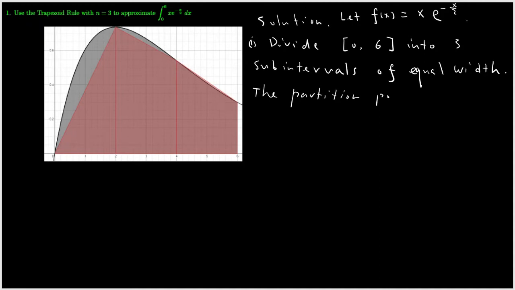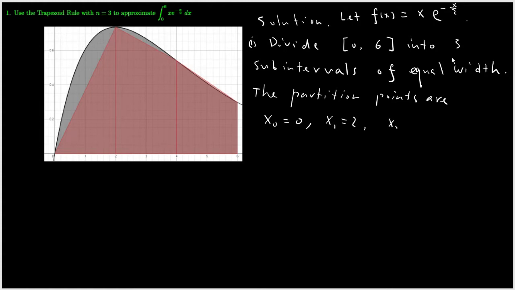The partition points are, we use x0 to denote the far left end point. x0 is 0. You'll see the partition points are 0, 2, 4, and 6. We divide the interval from 0 to 6 into 3 subintervals of equal width. x1 is the next partition point, which is 2.